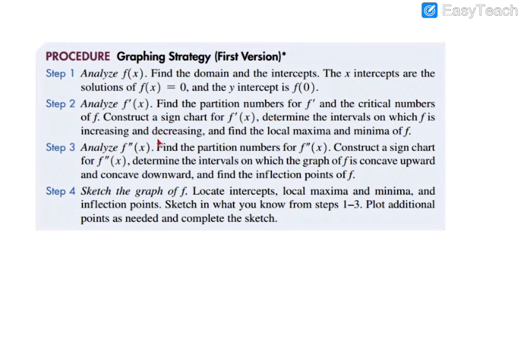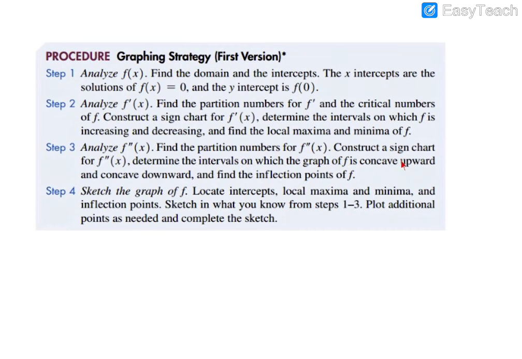The third step is related to the second derivative. You should calculate the second derivative first of all, and similarly find all partition numbers for f double prime. These are not called critical points. Maybe you can say these are the critical points for f prime, but that is not important. We focus on the graph of f of x, so it is enough to find the partition numbers.